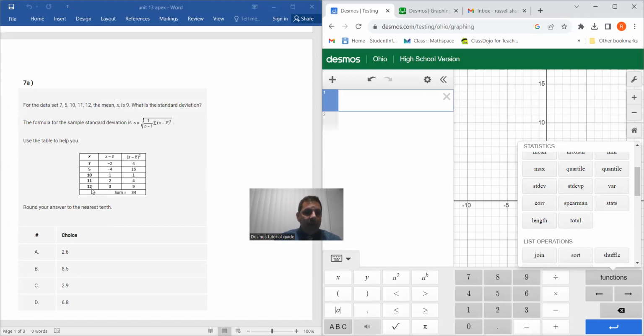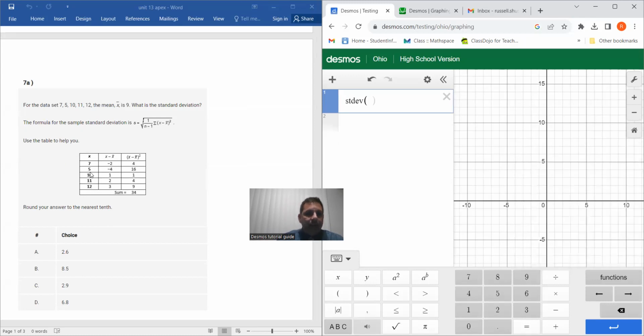You just need to put the data into the formula. So let's go for standard deviation and let's type in our values for X. 7, 5, 10. And again, remember to put your commas in between them. And there we go. The standard deviation for this group of data is 2.9. We're going to go with choice C.